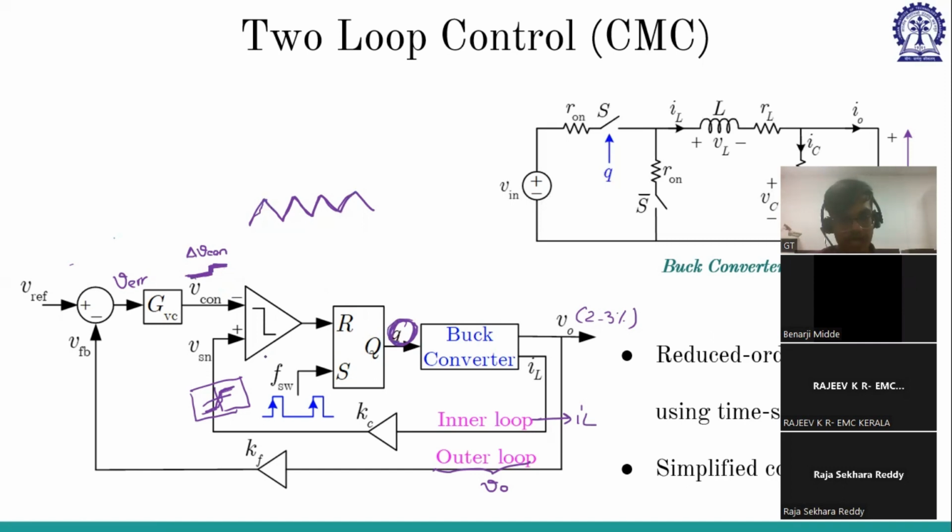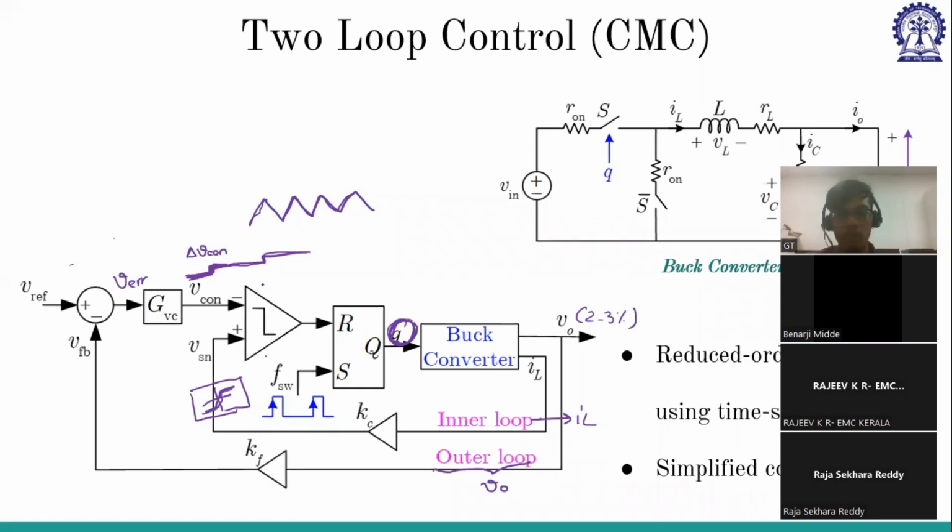See, VCon is changing like this. If the inner loop is slower, before it changes the value of Q in response to this change in VCon, VCon is again changing.